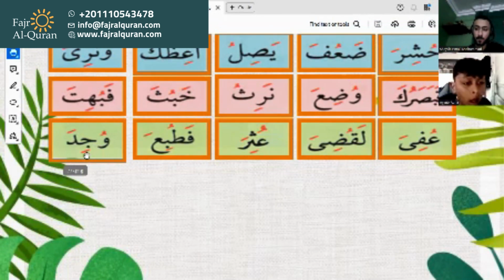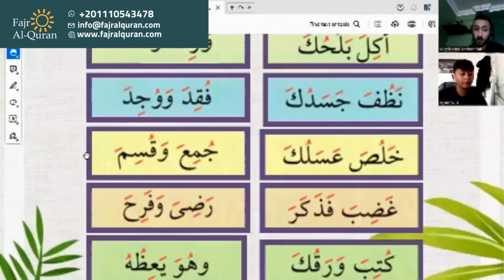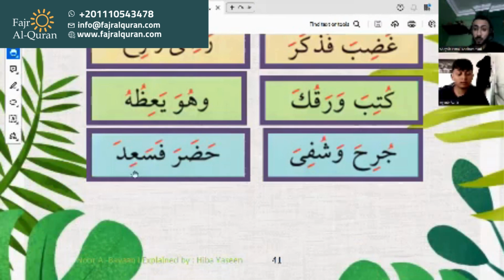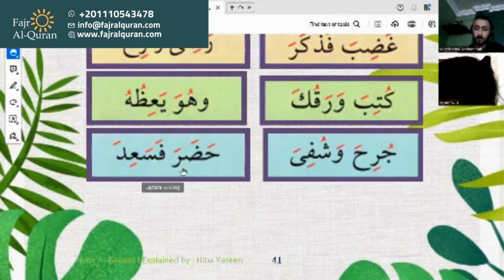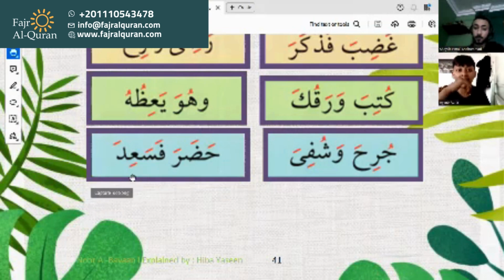Try. Great. So let's connect words together, 2 words. What a great word.